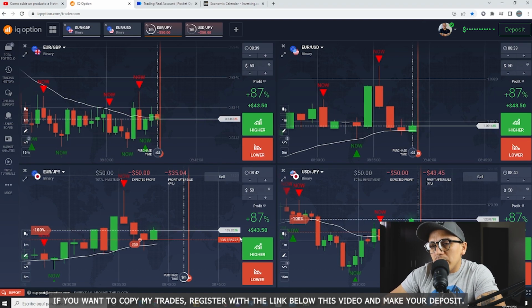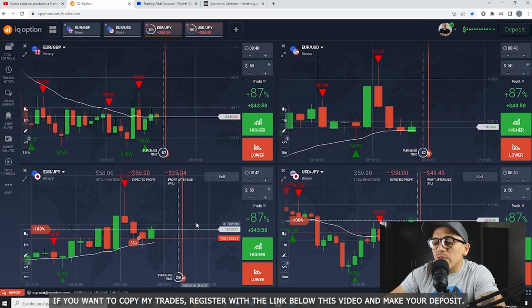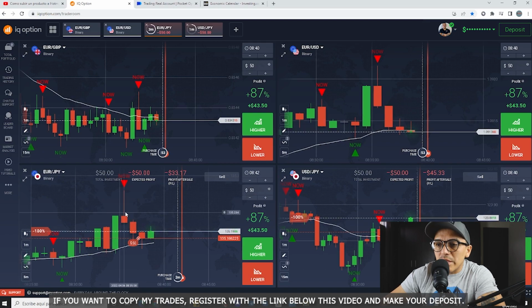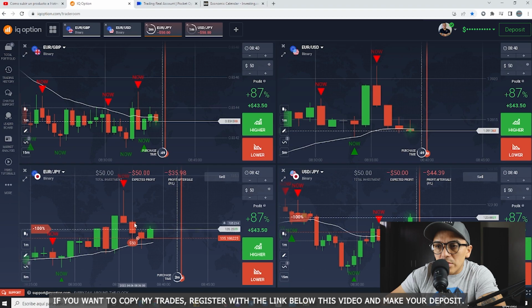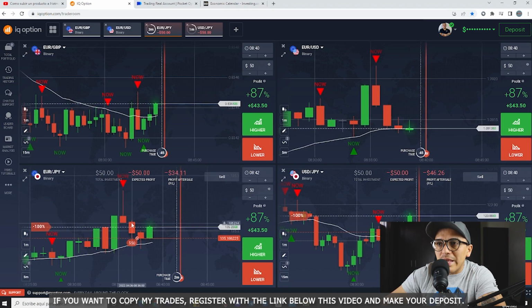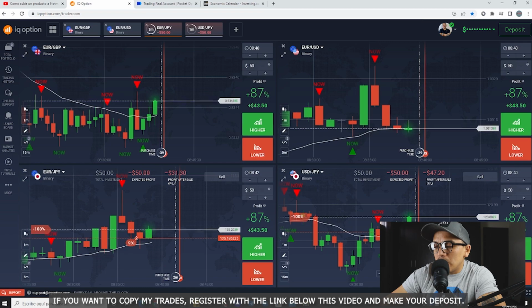The indicator is going to send me signals and I'm going to trade for 3 minutes, for 5 minutes. The moment it sends me the signal, in this case I entered too late. But the idea is that it sends me the signal here and I enter in this candle. Here it sends me a put, and I trade this one and it's going up.